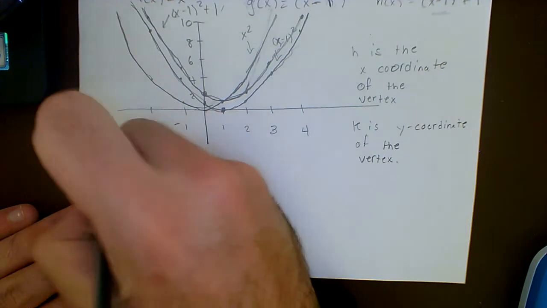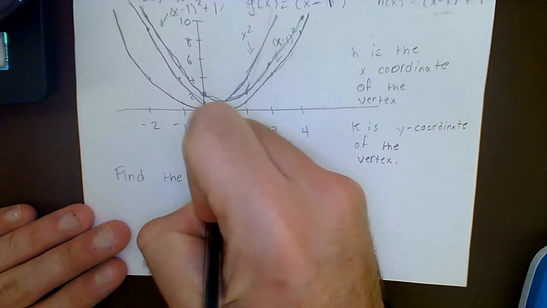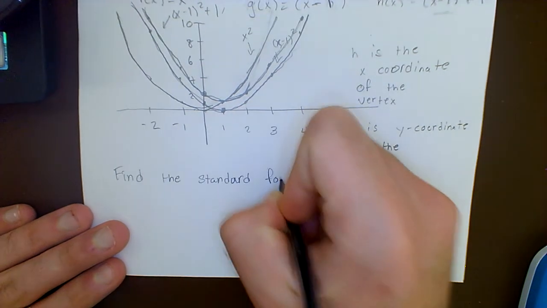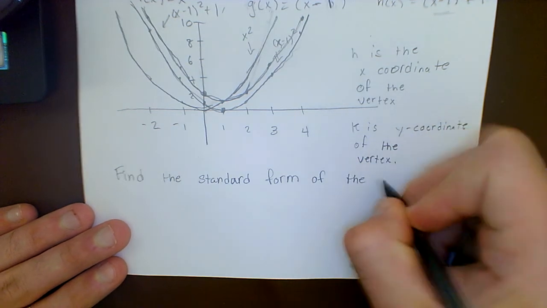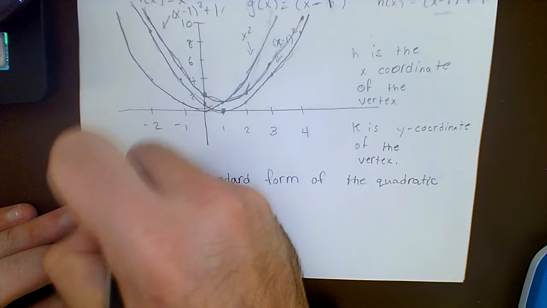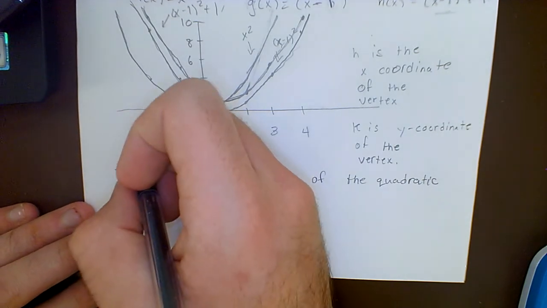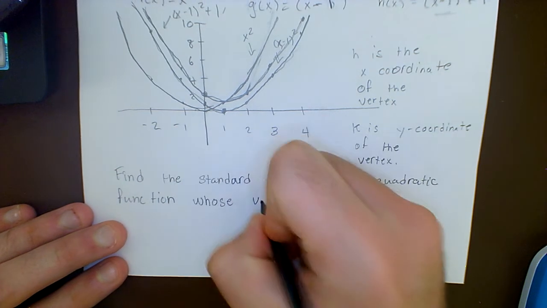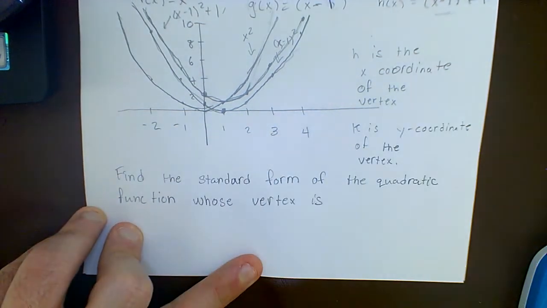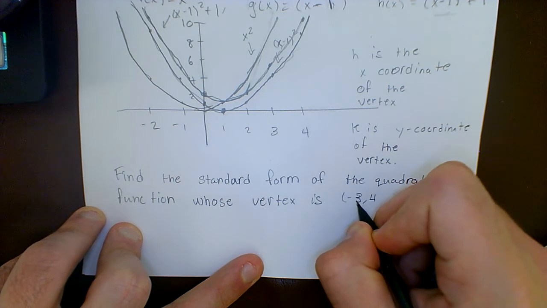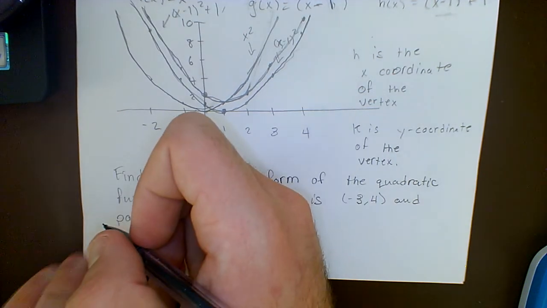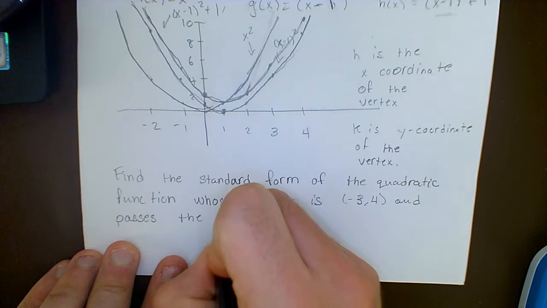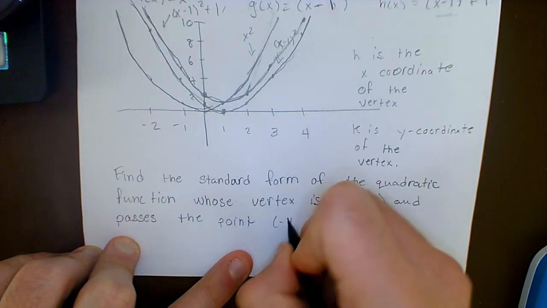So this example asks us to find the standard form of the quadratic function whose vertex is -3, 4, and passes through the point -4, 7.